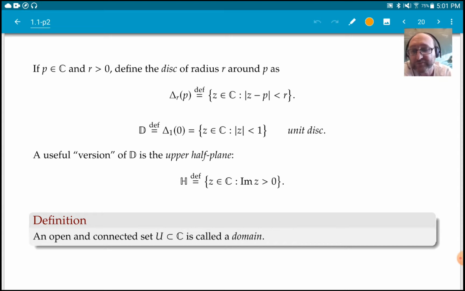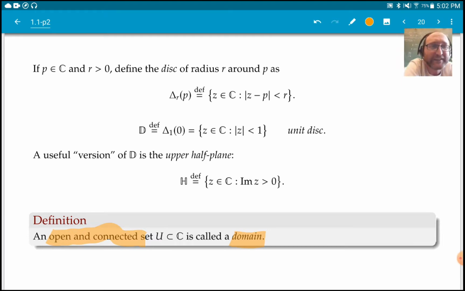Now, this is maybe not completely necessary, but it's standard in complex analysis. If I have an open and connected set, so not just an open set but a connected one, I'm going to call it a domain. It's maybe a little unfortunate that domain is also used for the domain of a function, no matter what it is.